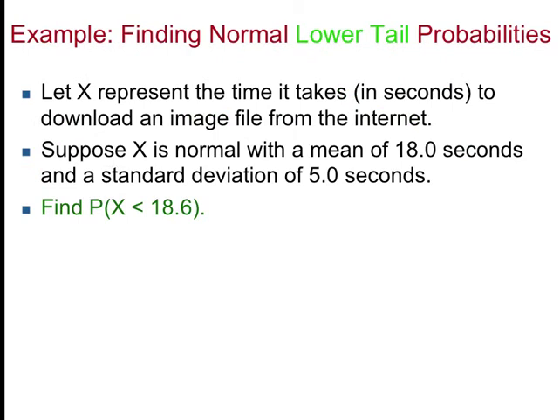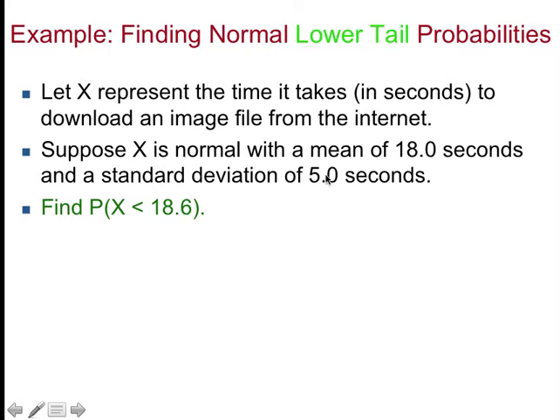Let's have a look at this example. For instance, if you are interested in normal lower tail probabilities, suppose x represents the time it takes in seconds to download an image file from the internet, and it is normal with a mean of 18.0 seconds and a standard deviation of 5.0 seconds.